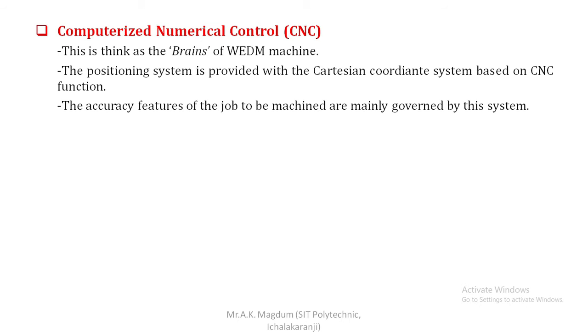That is a very important application of computerized numerical control, because how you maintain the accuracy of the job depends totally on the CNC system, since how much the workpiece travels in the X direction, Y direction, Z direction depends totally on it. So that's why this is a very important component of the wire EDM process.